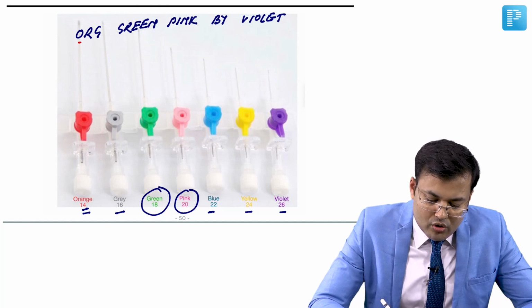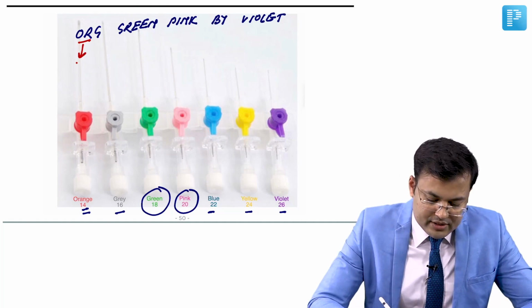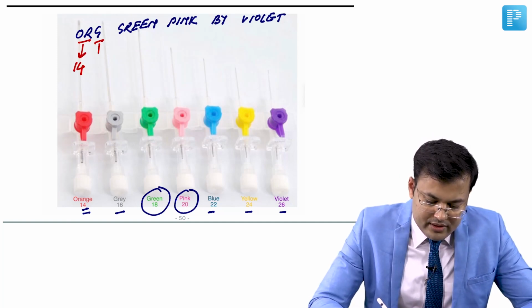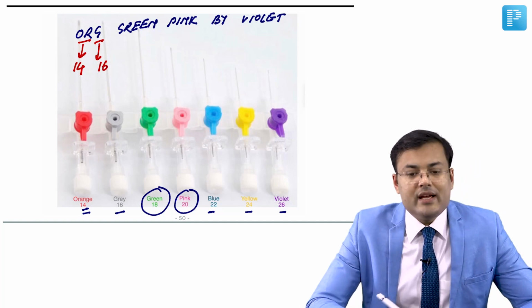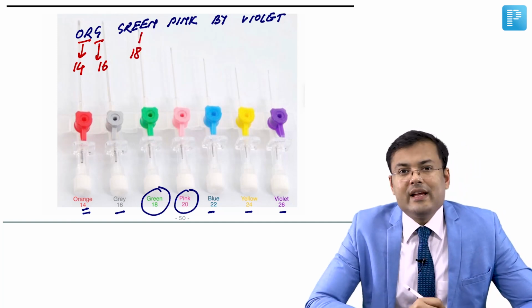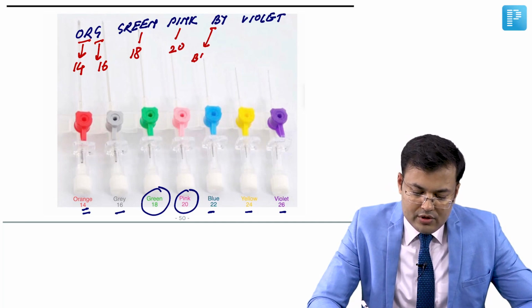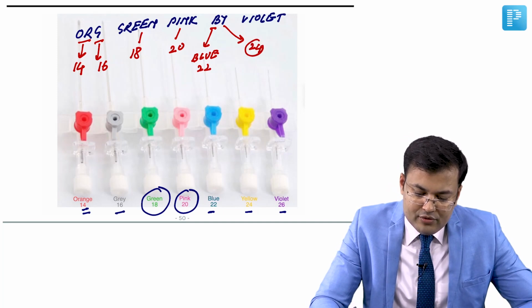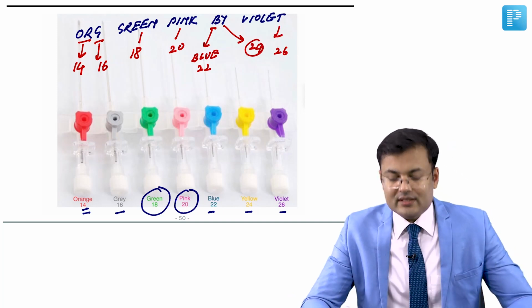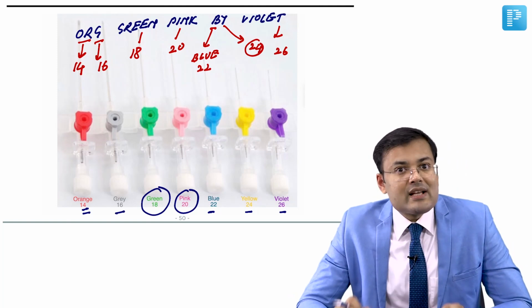So OR, that is orange, 14 gauge; G, that is gray, 16 gauge; green is 18 gauge; pink is 20; B, that's blue, 22; yellow, that's 24; and violet, this is 26. So you can easily remember the sizes.